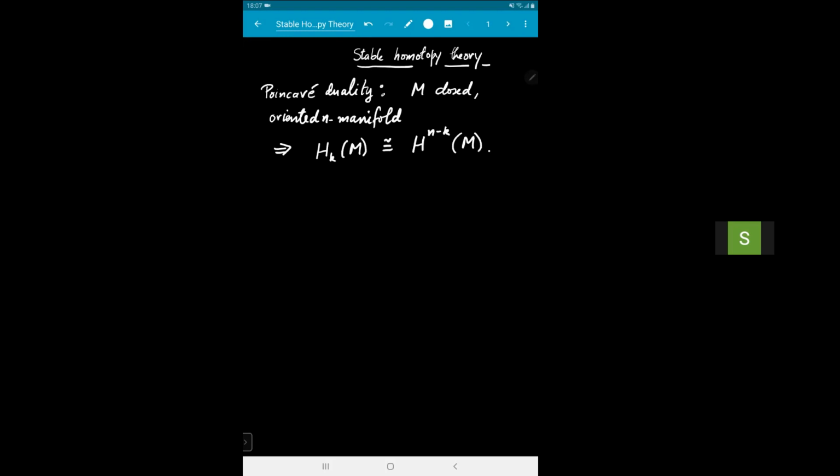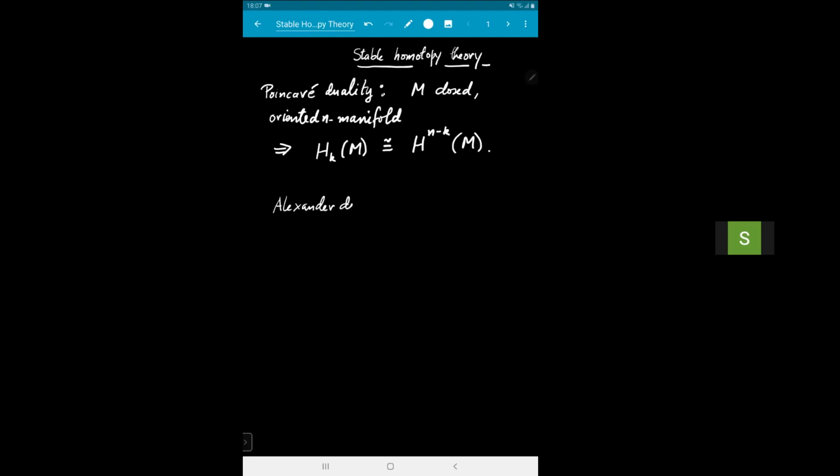There are many versions of Poincaré duality, a number of statements. In a first course in algebraic topology, you would perhaps do this theorem, and also a corollary, Alexander duality.